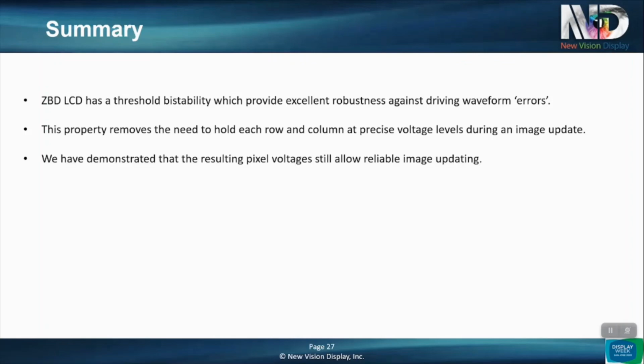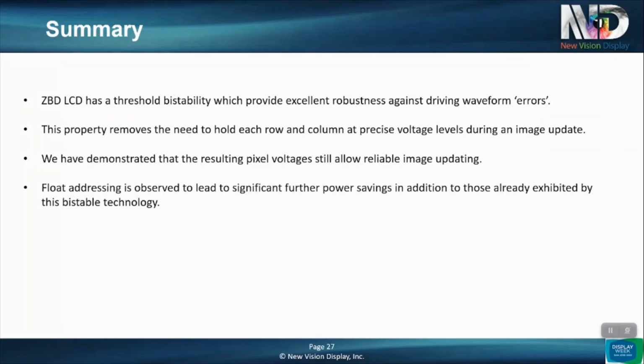And what we've demonstrated is that the resulting pixel voltages still give us, in that simple matrix, reliable image updating. And more importantly, and our main drive for this was, we do see significant further power savings on those already exhibited by this bistable technology.